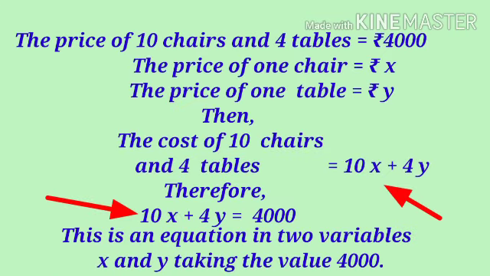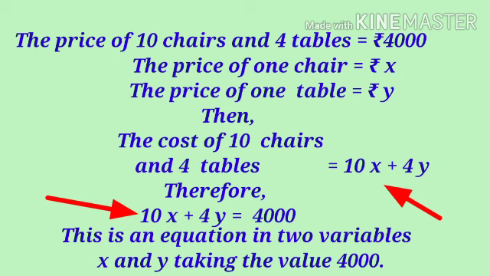Let's take the price of one chair as rupees x and one table as rupees y. Then the cost of 10 chairs and 4 tables is 10x plus 4y, because for one chair it is x, then for 10 chairs it is 10x, for one table it is y, for 4 tables it is 4y. Therefore, the price of 10 chairs and 4 tables is 4,000, as given.